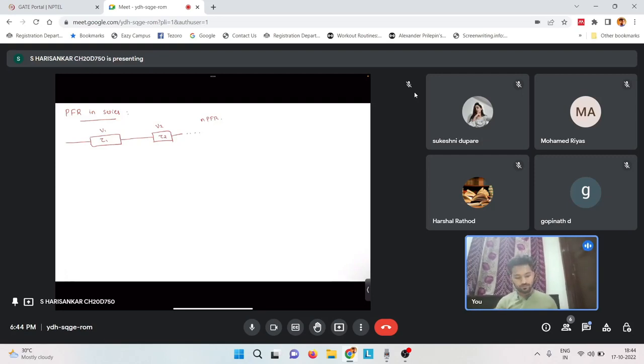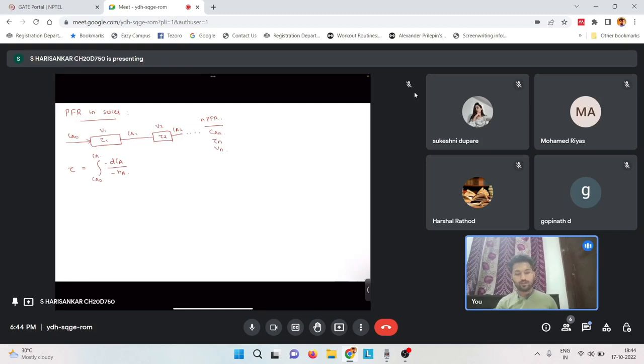Tau is the integral of minus dCA by minus RA from CA0 to CA. Let's take the inlet concentration as CA0, and this will be CA1, this will be CA2, and the final nth PFR you'll have CAN with tau n and Vn.